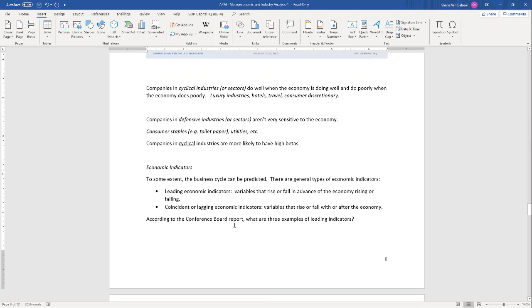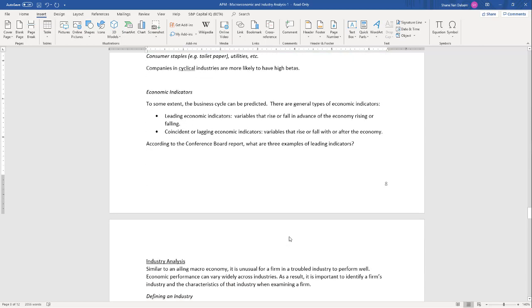So my question here was, according to the Conference Board report, what are 3 examples of leading indicators?